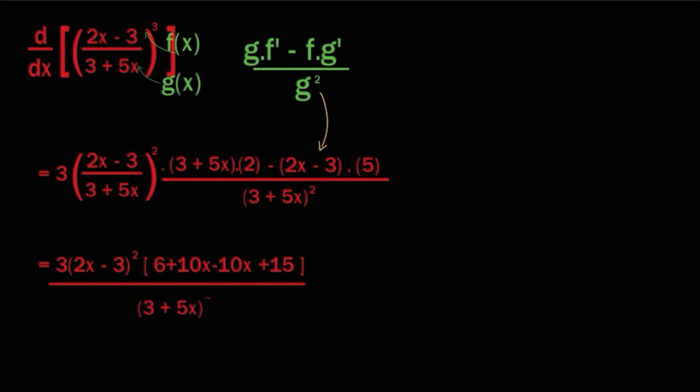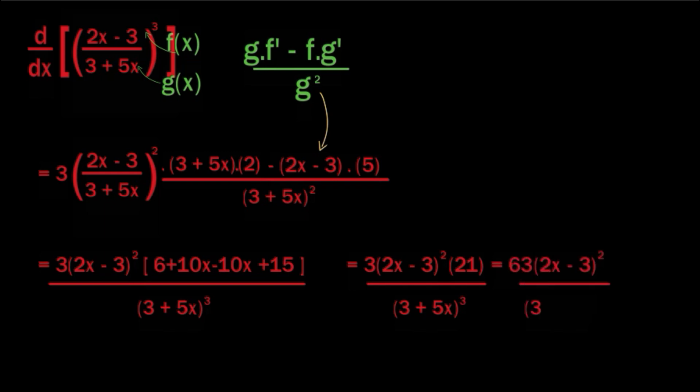So this is what you will get eventually, (2x minus 3) squared times 21 over (3 plus 5x) cubed. So 21 times 3 is 63. So this is the answer for the differentiation.